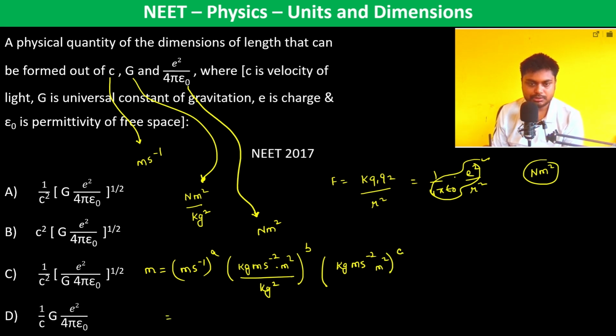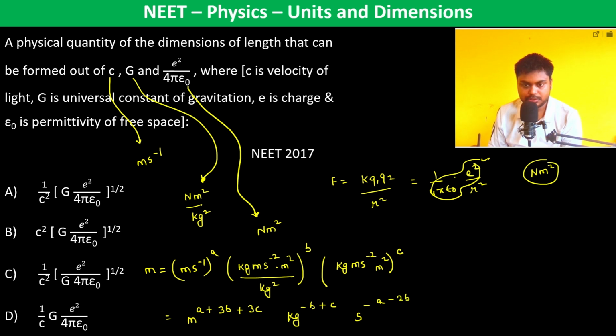So therefore this becomes m to the power a plus 3b plus 3c, kg minus b plus c, second minus a minus 2b minus 2c. So minus b plus c should be equal to 0, so therefore b is equal to c.